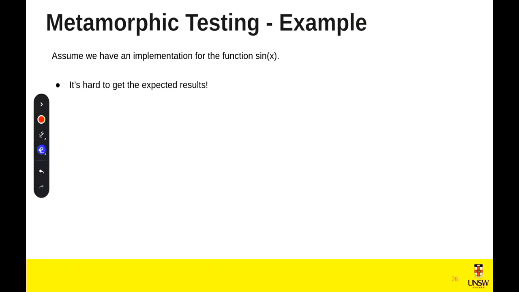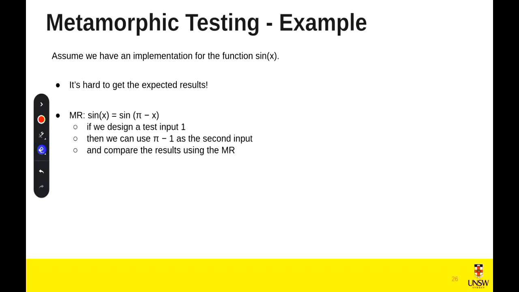However, there's a metamorphic relation here: the result of sin x should equal the result of sin(pi minus x). So if we design the test input, we have one test input of 1 here.